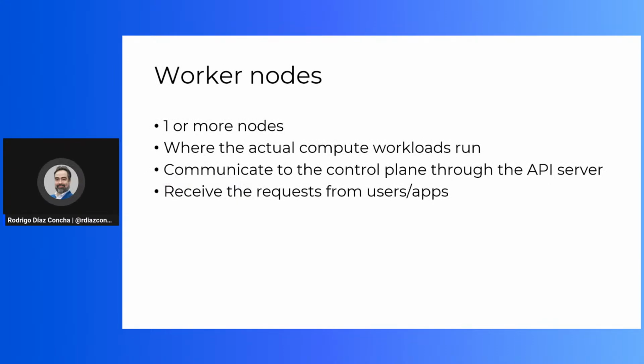So the worker nodes, one or more nodes, are actually the place where your applications are going to be deployed. The worker nodes have different components as well, such as the node agent.